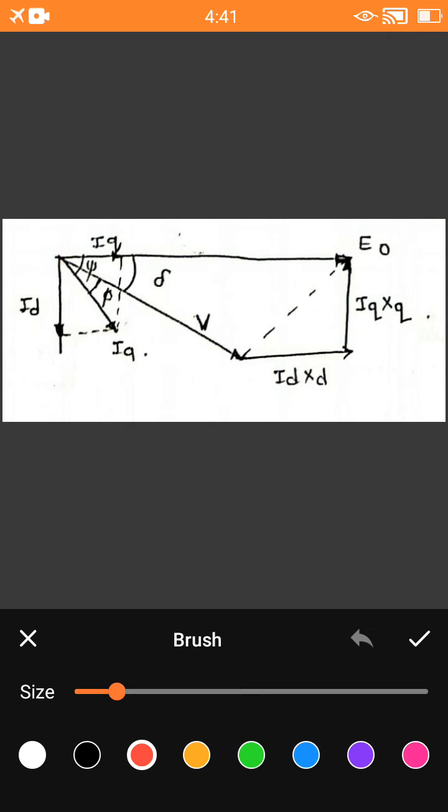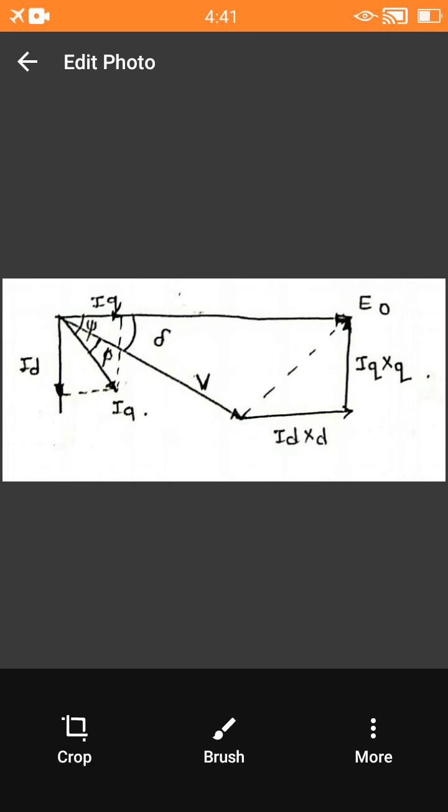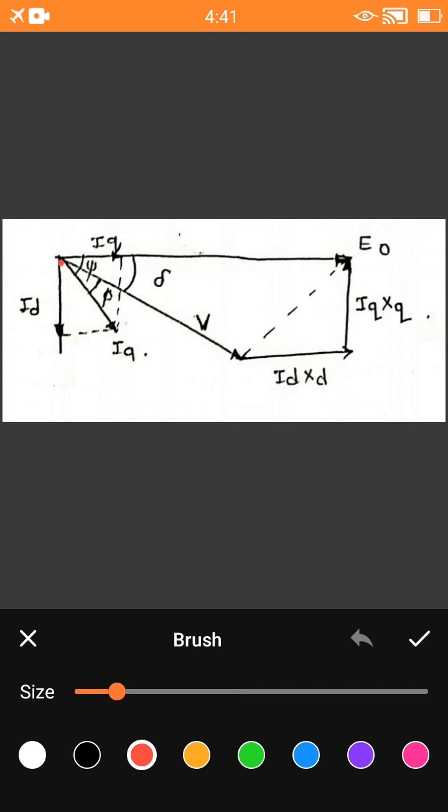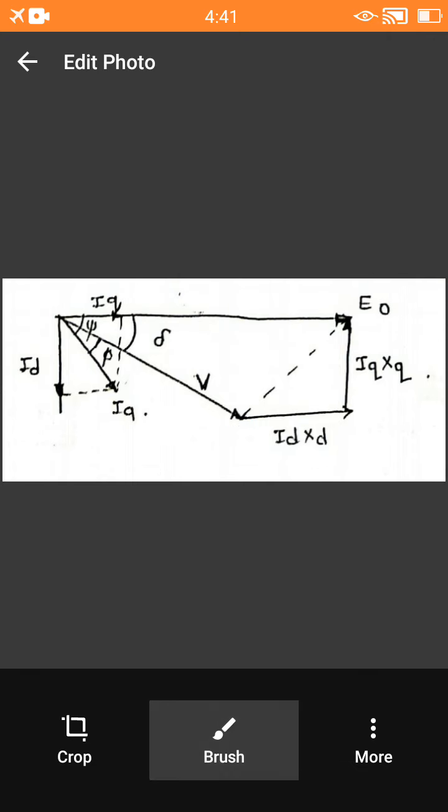This is the angle between E0 and Ia, that is angle psi. The next term, the angle between E0 and V, is called delta. These are the direct axis current and reactance component, and this is the quadrature axis current and reactance component of an alternator.